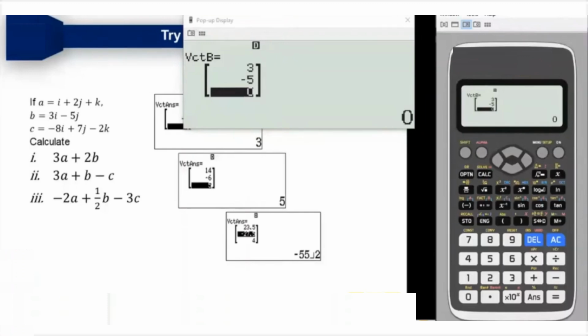If all A, B and C were I and J only, I would have considered them as two-dimensional vectors. But since A and C are three-dimensional and B is two-dimensional, we will consider B as three-dimensional as well and write 0 in place of K. I hope this is clear.